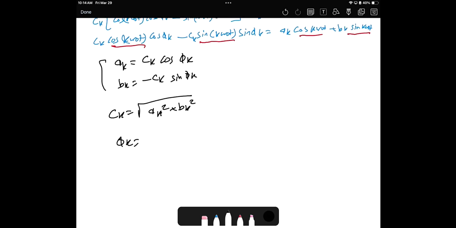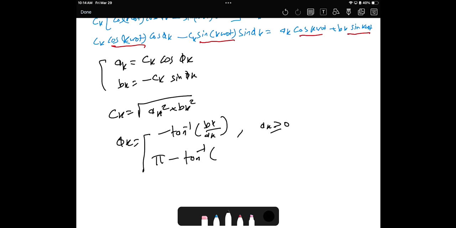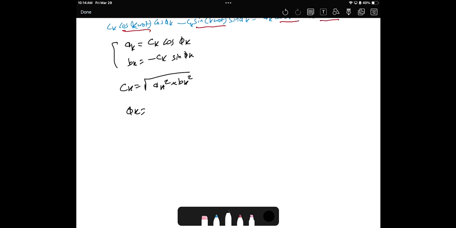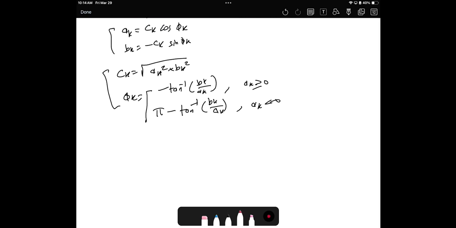Phi k will be negative tan inverse of b k over a k when a k is larger than or equal to 0, or pi minus tan inverse of b k over a k when a k is negative. So this is the other relationship. You need not memorize it, you can write it in your note sheet. Just make sure these formulas are very important and we will apply them a lot. So, what's the proof of this?